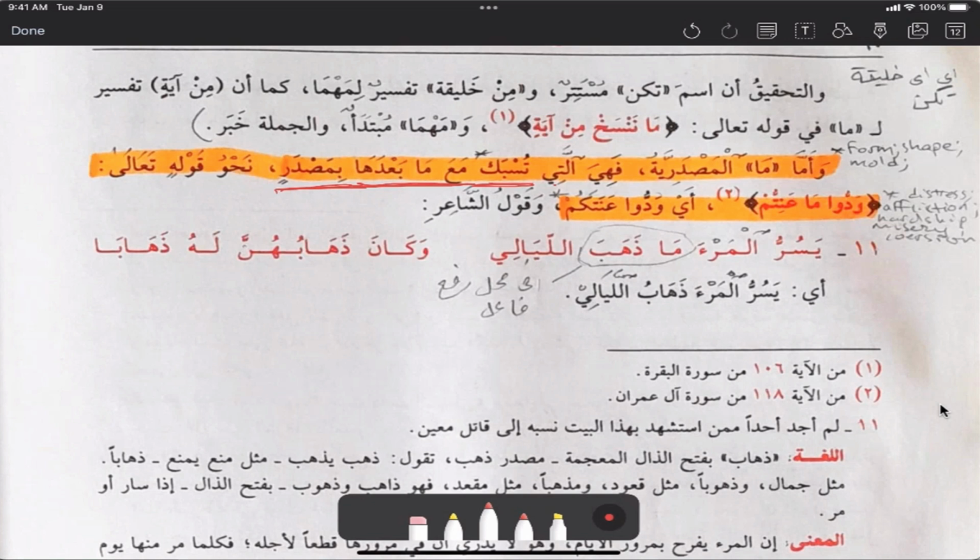وَقَوْلُ الشَّاعِرِ. Also, another reference is when the poet said, يَسُرُّ الْمَرْءَ مَا ذَهَبَ اللَّيَالِي وَكَانَ ذَهَابُهُنَّ لَهُ ذَهَابًا. يَسُرُّ الْمَرْءَ ذَهَابُ اللَّيَالِي. Okay.